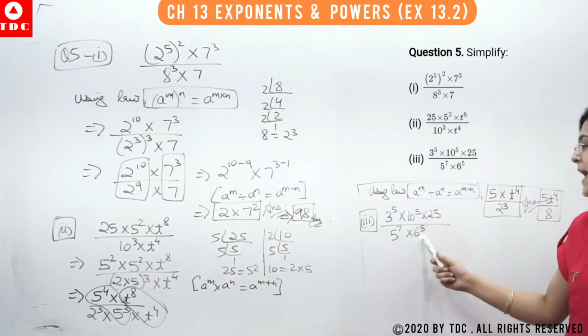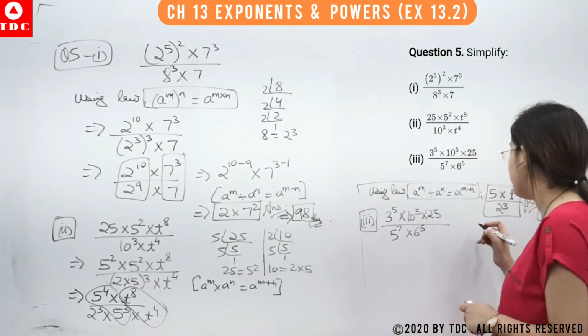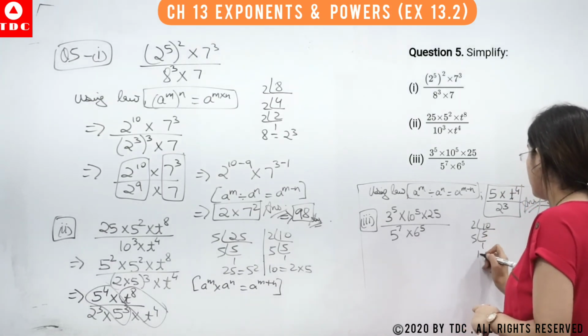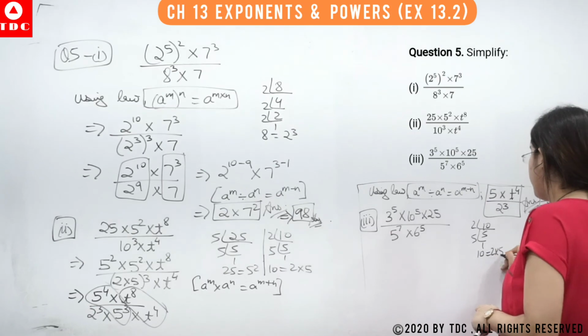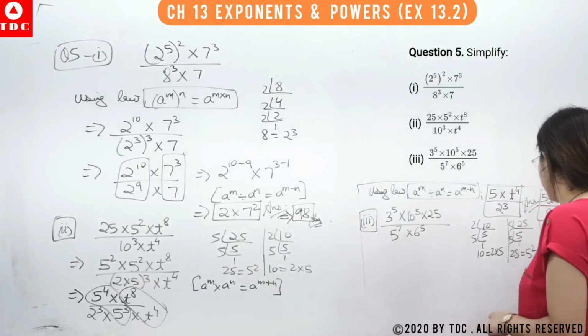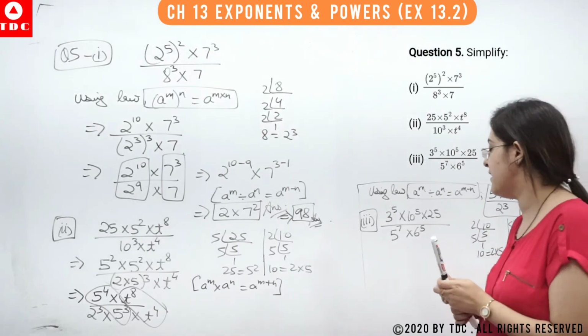To convert 10, 6 and 25 into prime numbers. 10 could be written as 2 into 5 and 25 could be written as 5 square, whereas 6 could be written as 2 into 3.